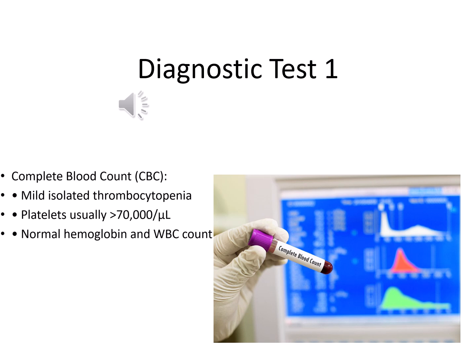Hemoglobin, hematocrit, and white blood counts are generally normal. The absence of anemia or leukopenia helps support the diagnosis of gestational thrombocytopenia and exclude other hematologic disorders.